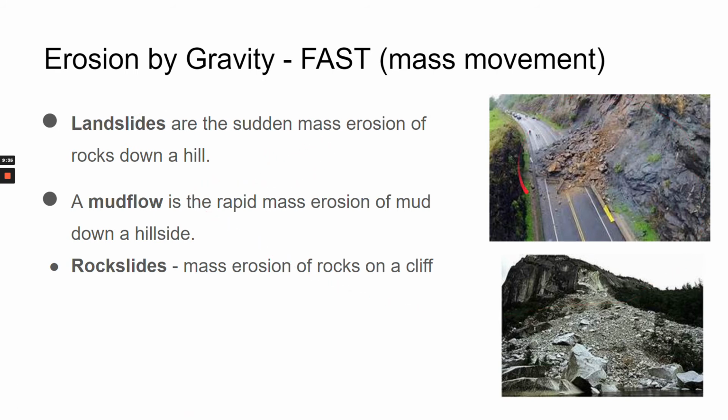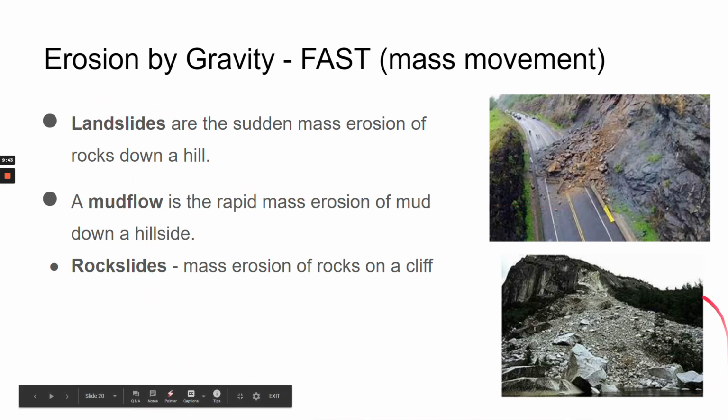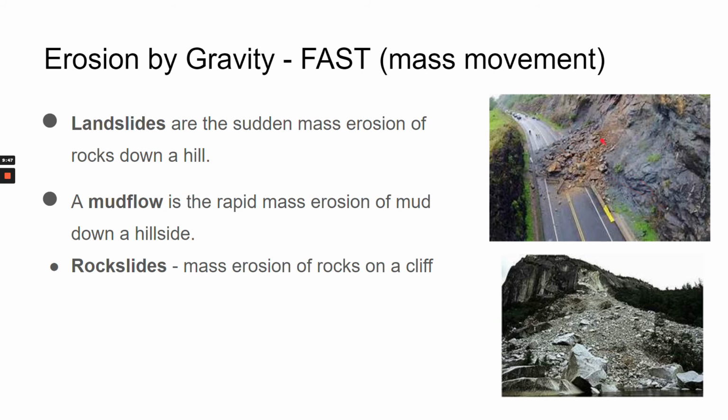So here's an example of a rock slide or a landslide. We don't have to really get too specific about the definitions or the differences between these two, but something happened to destabilize this location. Generally speaking, it has to do with water. So if there's a lot of rain in an area and it kind of loosens the soil or loosens up the rocks and they're no longer really structurally connected to one another, it can fall.